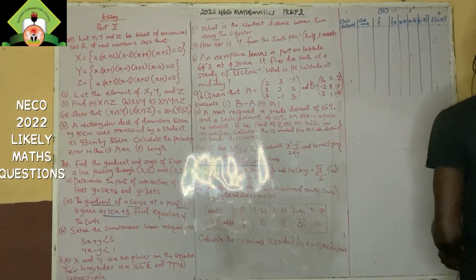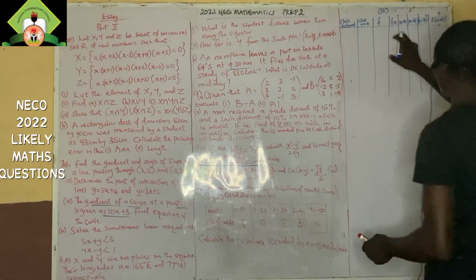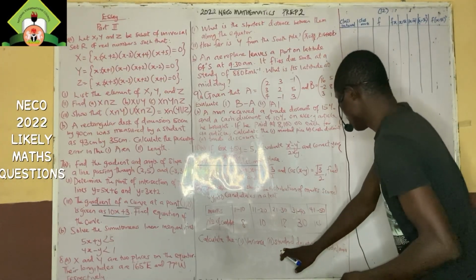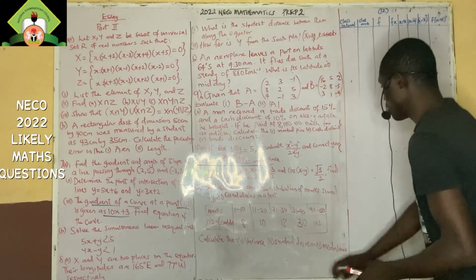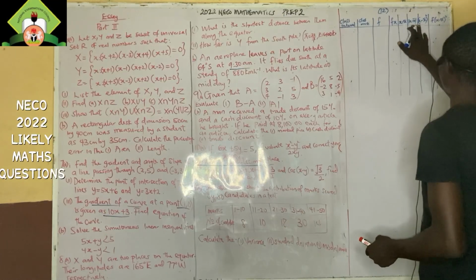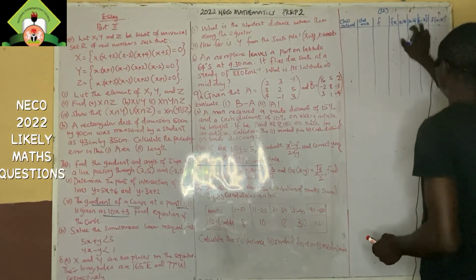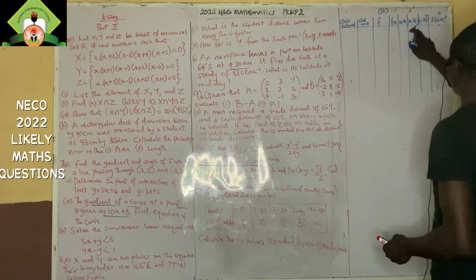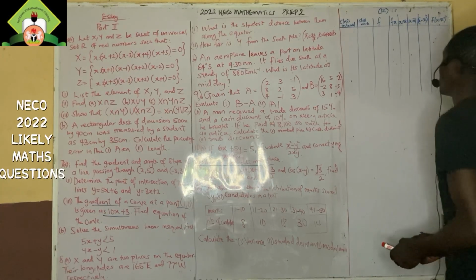It's very important that we have that, because we are going to calculate variance and standard deviation. Although we are not going to calculate mean deviation, so that column is not necessary, but let's just include it there.